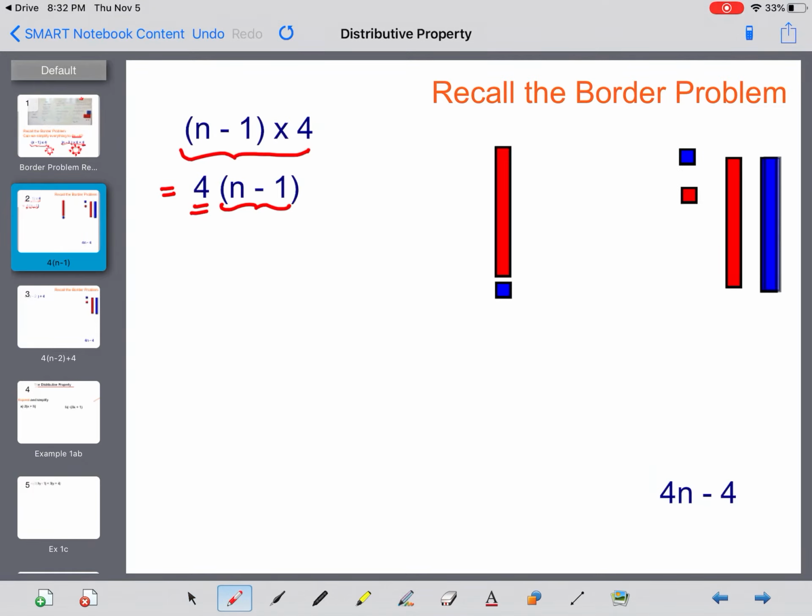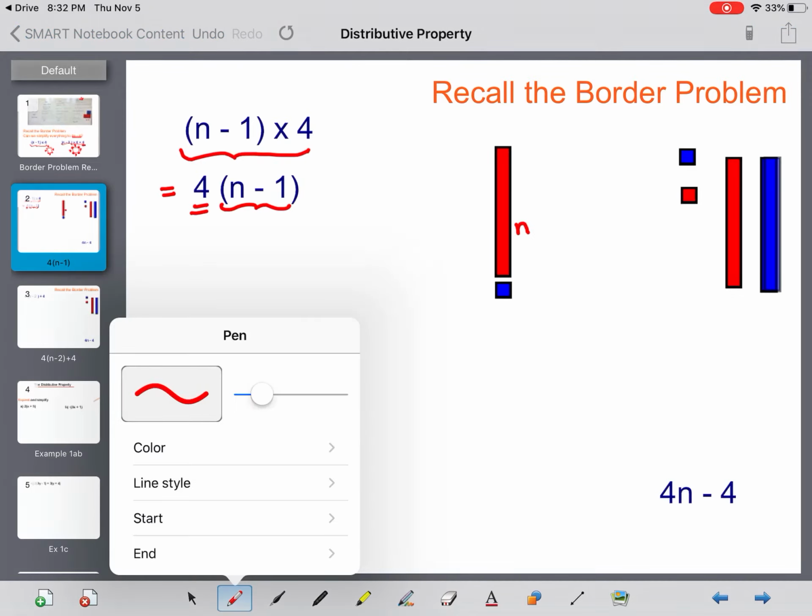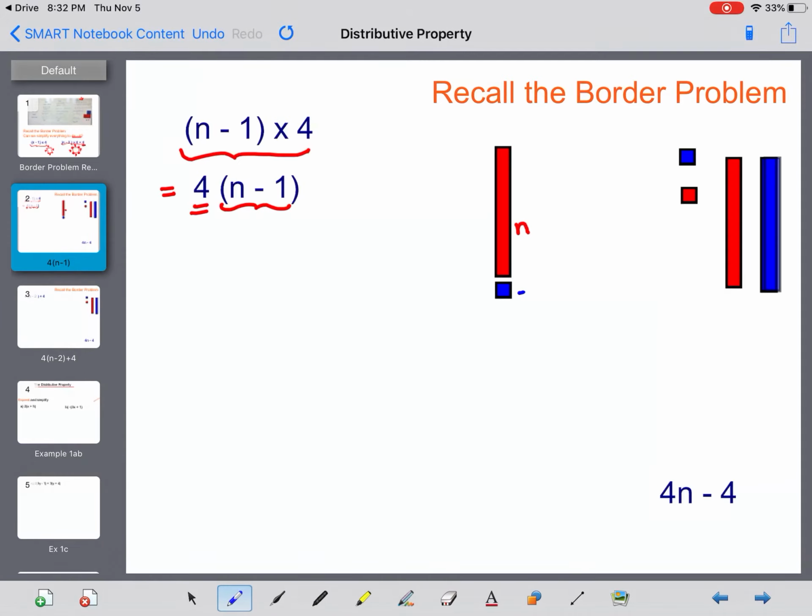You might use opposite colors. I think about red being hot, so positive, and blue being cold, so negative, but it doesn't really matter what colors you're using. But I have to make 4 copies of that. So here's my 4 copies of this n minus 1.